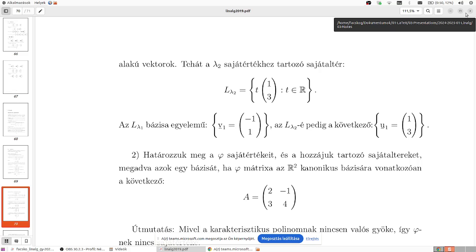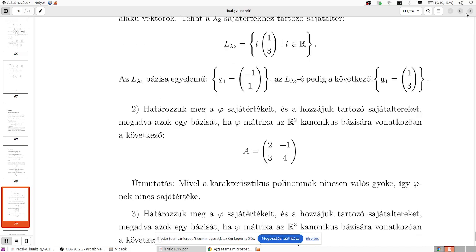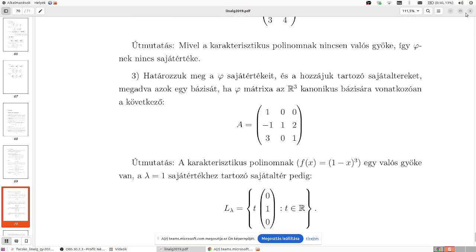The third exercise looks cruel, but it's quite merciful. The task is the same.